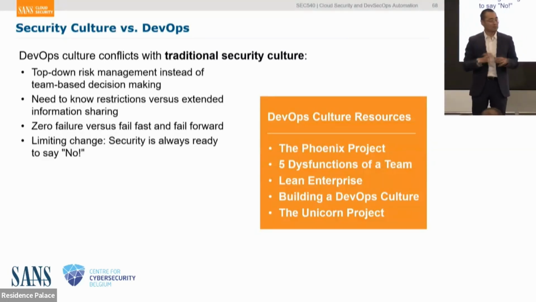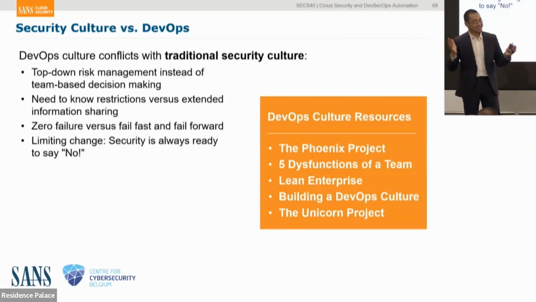Example, not DevOps specific, but I was once at an organization reporting to the CISO. The CISO was my boss. And he came in, he was a new person in the org, and he came in and looked around and said, I don't like it here. We need to change the culture of our organization to be more like a financial institution. Do you think he was successful or not successful? Yeah, it didn't work out very well.